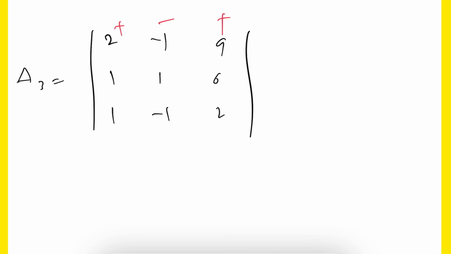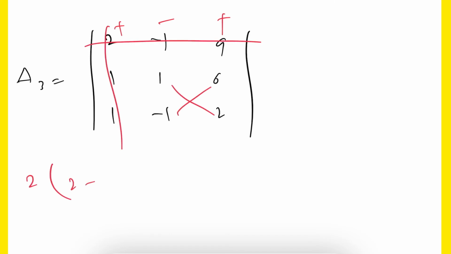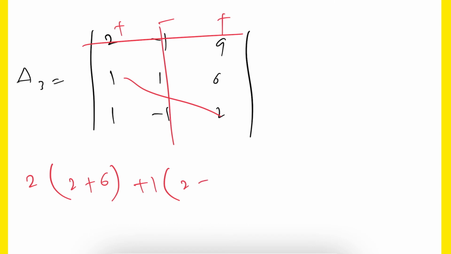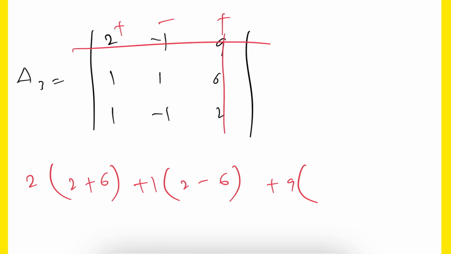Now let us find out the determinant for this. Plus 2 into 1 2s are 2, minus 1 into 6, minus 6. Already minus is there, so it will become plus 6. Next, minus into minus, plus 1 into 1 2s are 2, minus 1 6s are 6. Then comes plus 9 into 1 into minus 1 minus 1, minus 1 1s are 1.